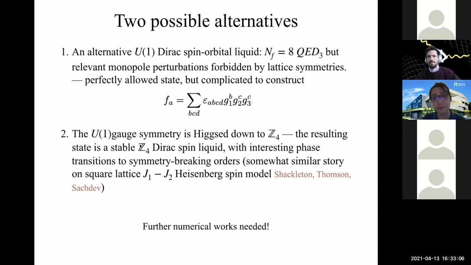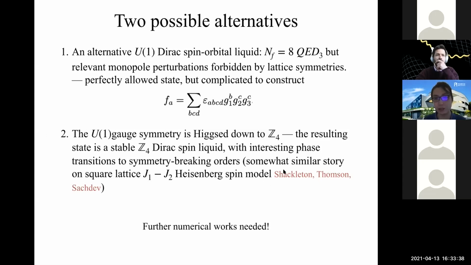So then you get a stable Z4 Dirac spin liquid. So that in principle may be consistent with the numerics. One thing interesting about this scenario is that you get some interesting theory of phase transitions to nearby symmetry breaking orders, and there's a somewhat similar story on the square lattice, but with some subtle difference as well.